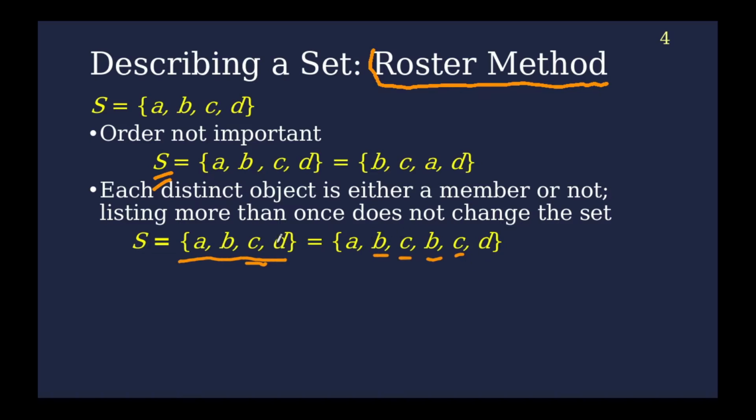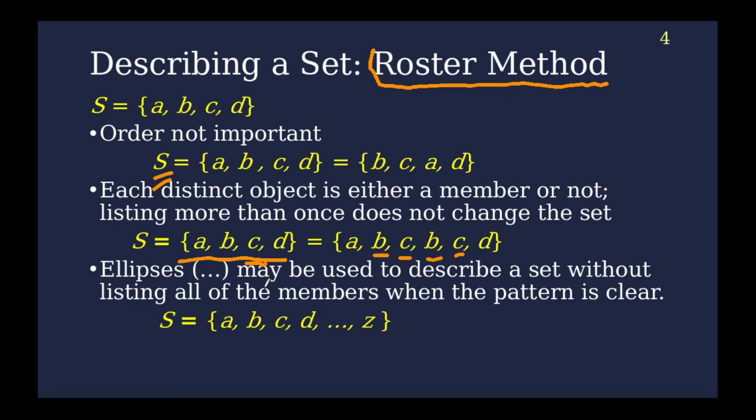The elements of both sets are a, b, c, d, only multiple copies are there, but this will not affect the set. So we will call this set S a collection of the four alphabets a, b, c, d. Multiple occurrences do not affect the set.